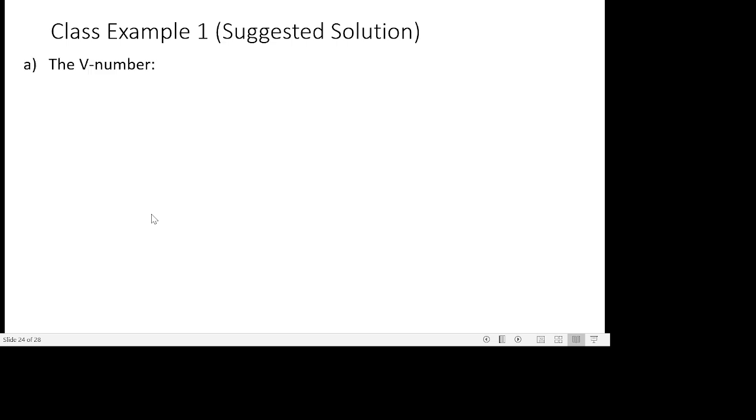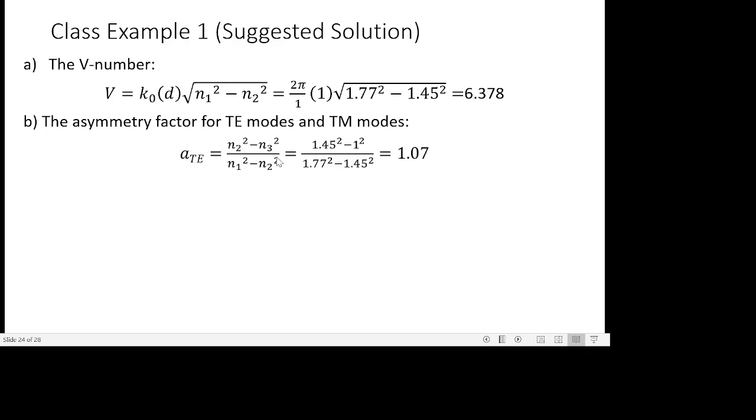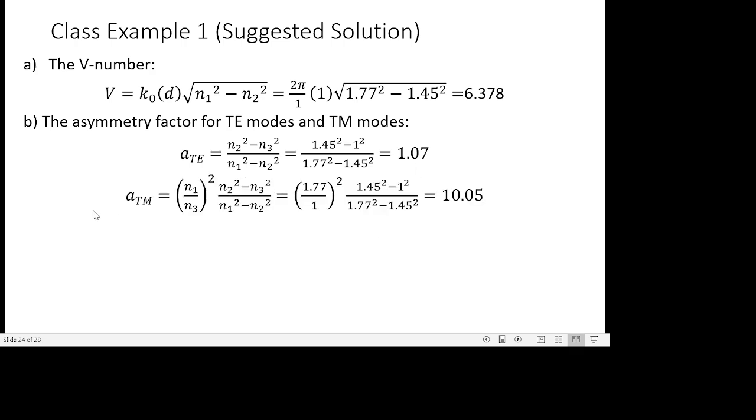The V number is going to be like this. Well, really easy. The asymmetry factor can be obtained using this formula. The asymmetry factor for TM modes is going to be larger because of this term.